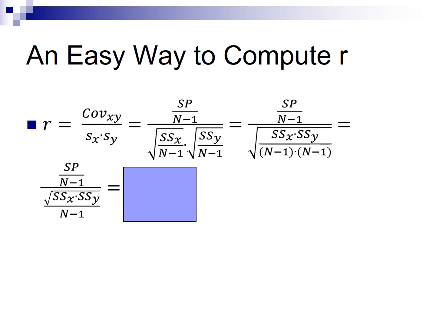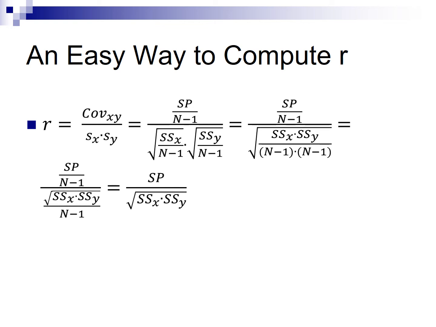As you can see, n minus 1 is the denominator for the top part. It is also the denominator for the bottom part. Therefore, it can be cancelled out. Finally, this formula is simplified as the sum of the products divided by the square root of SSX multiplied by SSY.